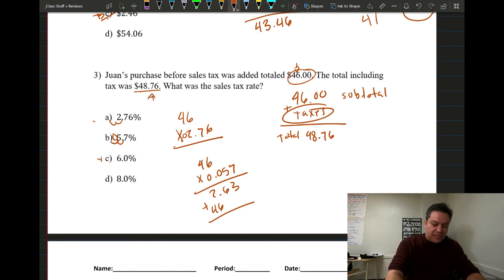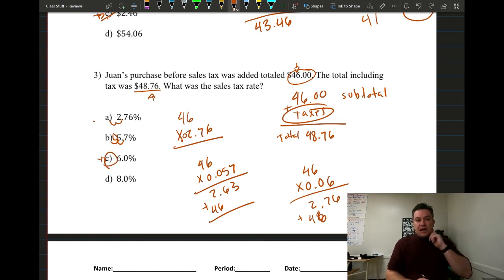So you've got to try this one now. 46 times 0.06. You get $2.76. When you add it back to the 46, you get that answer. So the answer is C. Now this one takes you a little bit longer, but it works. You can always work things backwards.